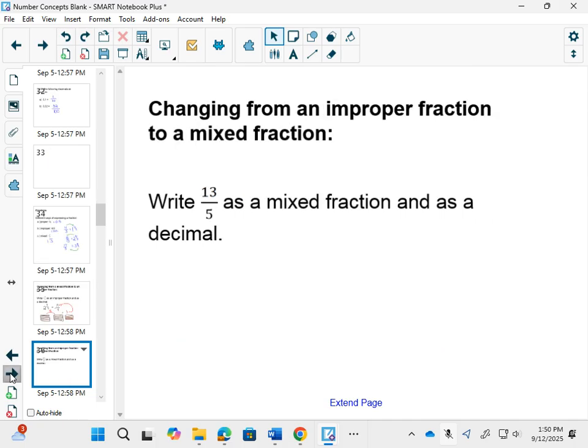Changing from an improper fraction to a mixed fraction. So now, this 13/5, if we're thinking about a chocolate bar, you have 13 pieces. That's how many chocolate bar pieces you have. When they write 13/5, every time you have 5 of them, it would make 1 chocolate bar. So if I draw this out, how would I draw that out?